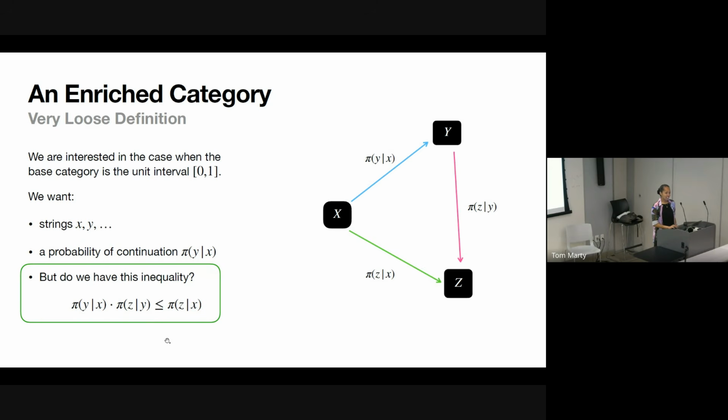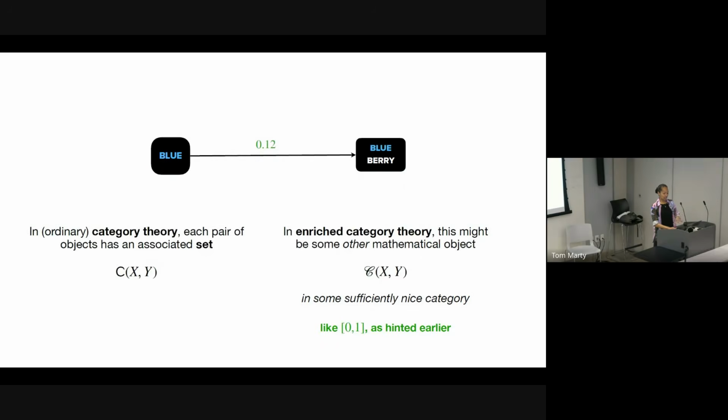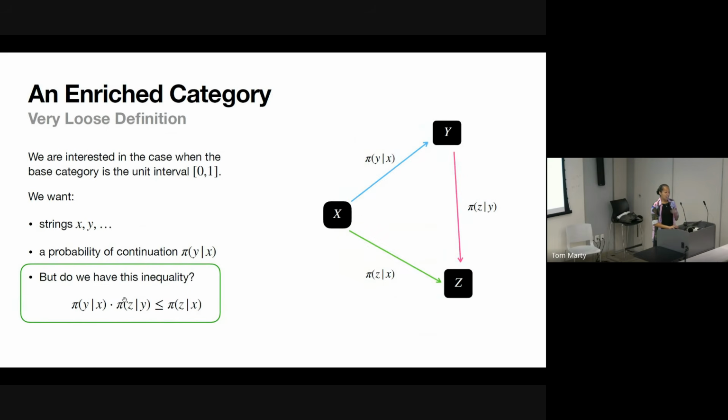The thing is, for this setup to fit into this concept of enriched category theory, remember the composition rule: given a way to go from here to here and a way to go from here to here, there's a way to combine them. In this setting, what that amounts to is having this inequality.